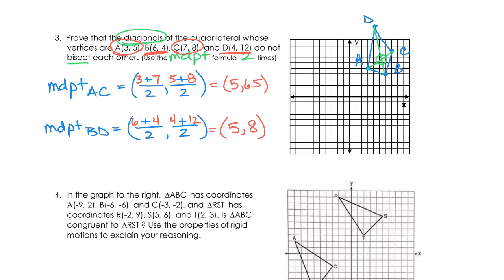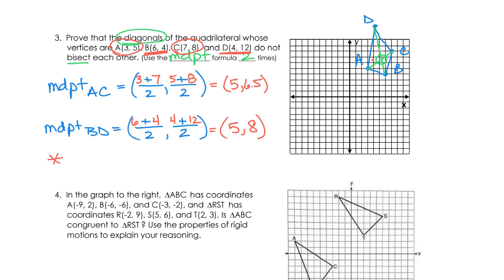And so you guys can see that the midpoints, they're pretty close, okay? 5, 6.5 is right here, okay? And 5, 8 would be up a little bit higher. And so you guys can see that they are not having the same midpoint.